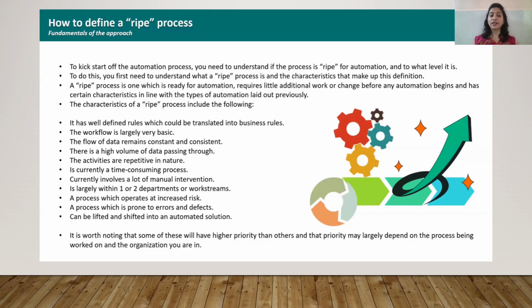If these characteristics are fulfilled by your processes, then we can go ahead with the right process, meaning bot processing. If these characteristics are being met, then only we are going with the bot. It is worth noting that some of these will have higher priority than others. That priority may largely depend on the process being worked on and the organization you are in.